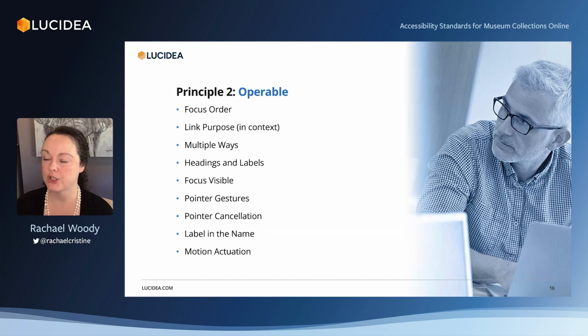So for pointer gestures, most collections online navigation and functionality that are dictated by that point and click, being able to review if there is gesture only functionality without a tap or click alternative. So wanting to make sure that if there's gestures for somebody who's using a tablet, for example, or their smartphone, that there can also be a tap or point and click option in addition to that particular gesture.